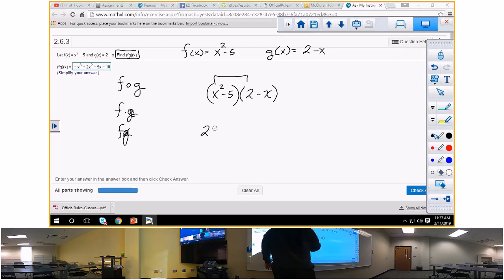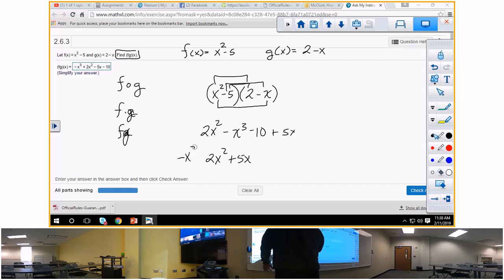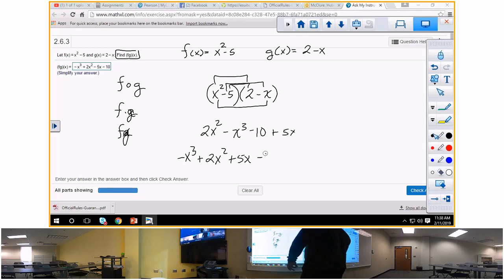It's going to be 2x squared. Outside, negative x cubed. Inside, minus 10. And last, positive 5x. So it looks like negative x cubed plus 2x squared plus 5x minus 10. That looks like what it is.